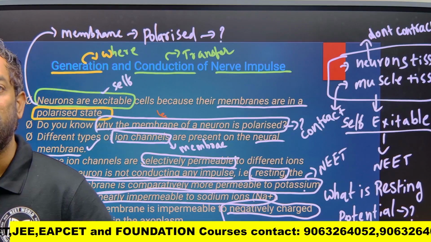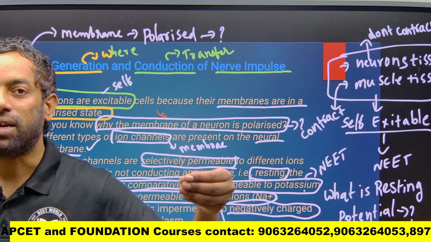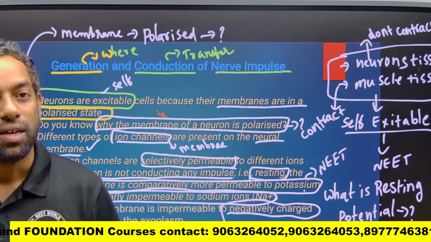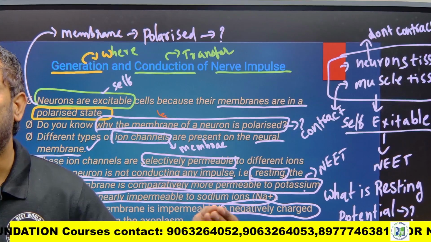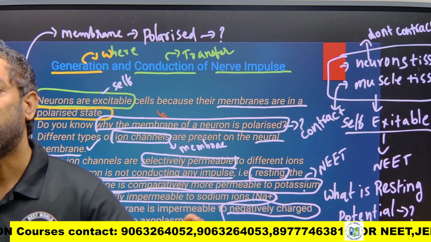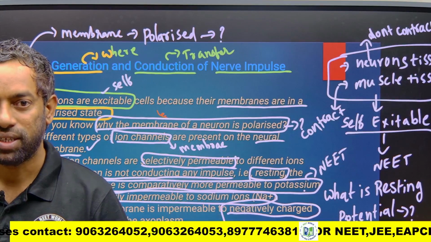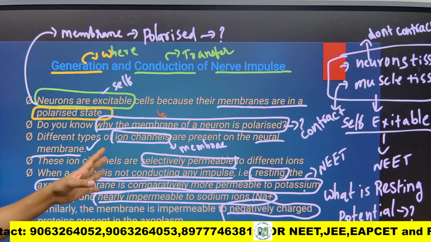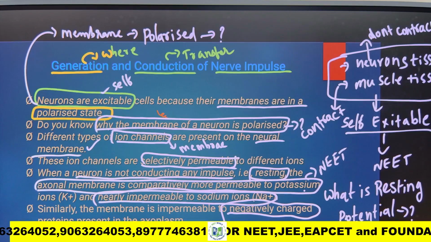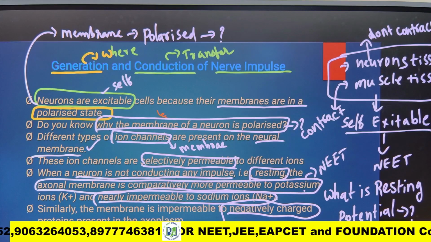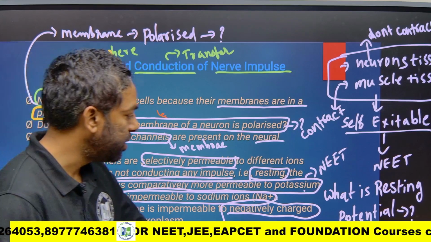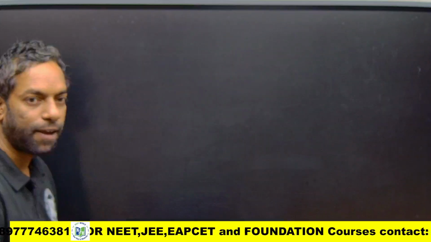In this way there is a polarized state, where the negativity goes up to minus 70 millivolts. This is the polarized state of the neural membrane.